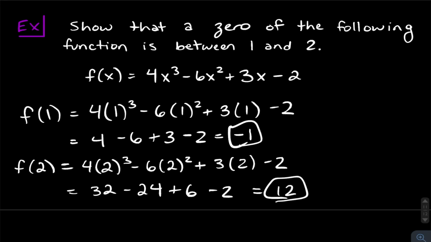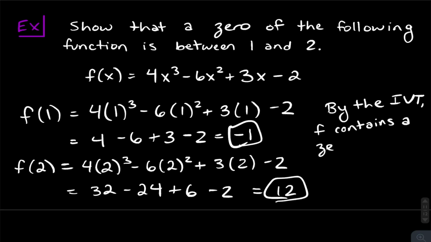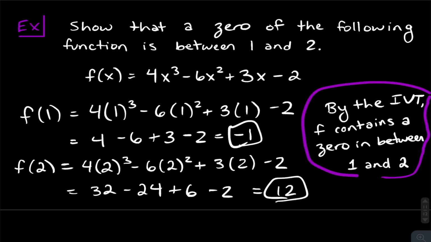And so we could say by the intermediate value theorem, f contains a 0 in between 1 and 2. And that right there is our answer. Again, let's understand why that happened.